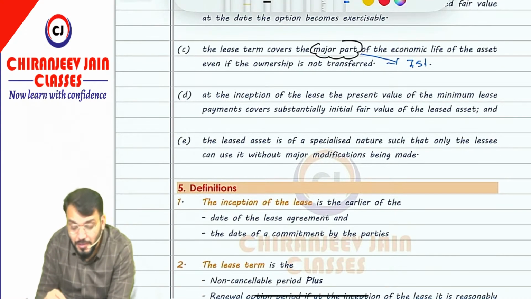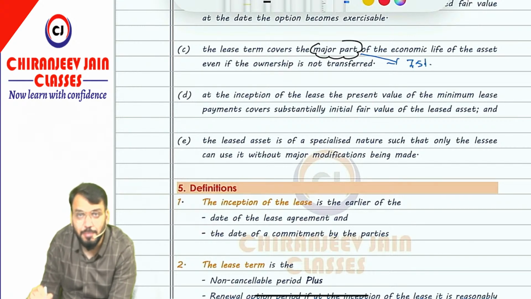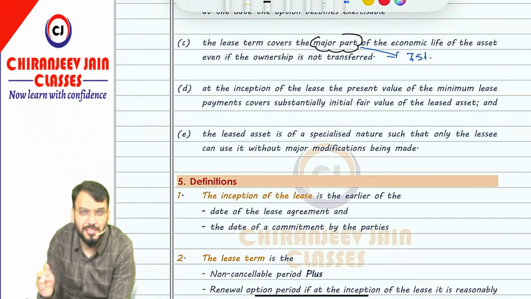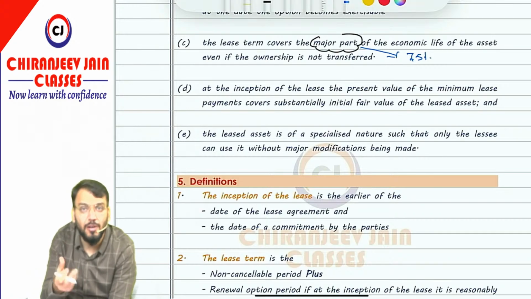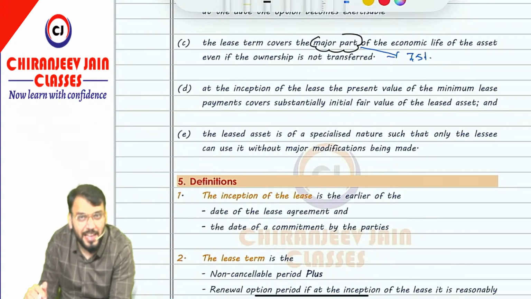Now point number D says that on inception of lease, if the present value of minimum lease payment covers substantially the fair value of the asset, then this will also be a finance lease. Means in simple words, the present value of minimum lease payment will be approximately equal to the fair value of the asset. Means the lessor will try to recover the entire fair value of the asset. It means it is just like a sale.